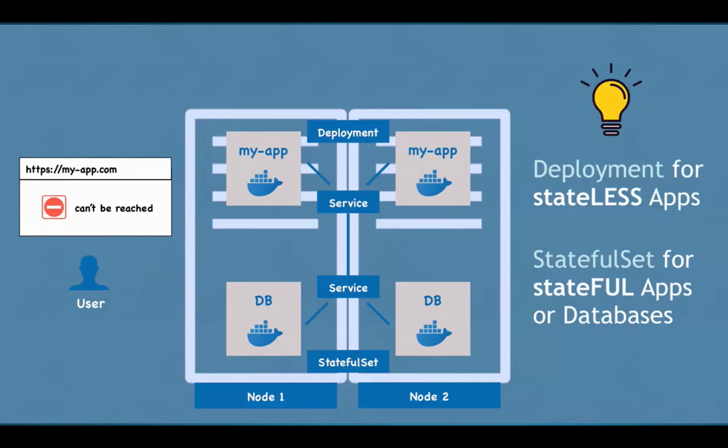So how many components have we looked at so far? Can you recall? Deployment, service, pod, ingress, config map and secrets.